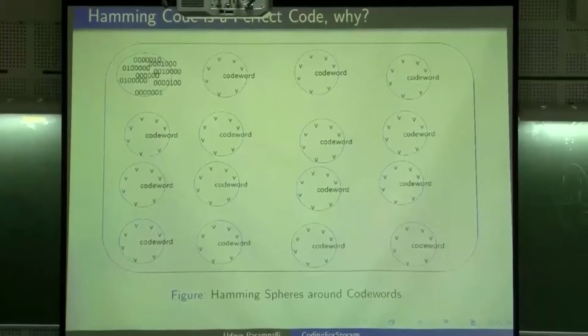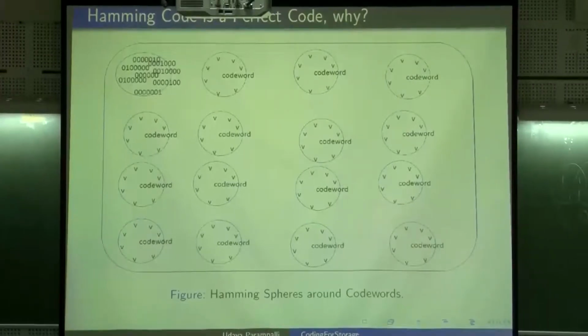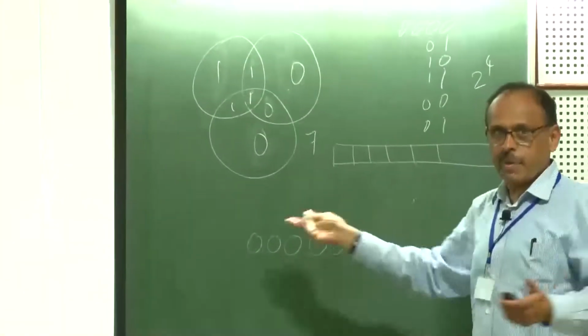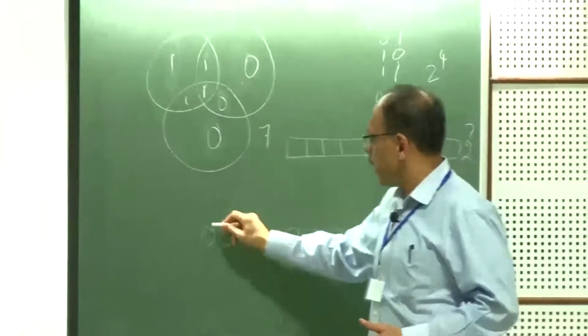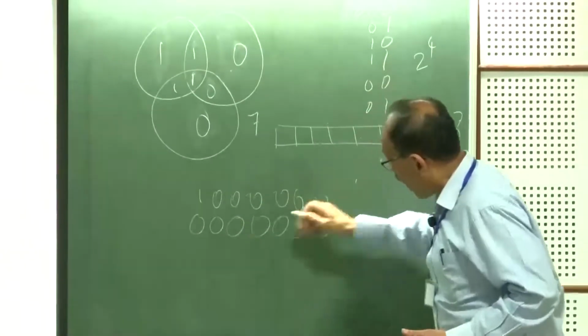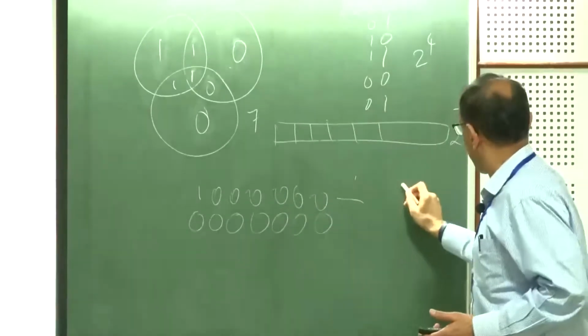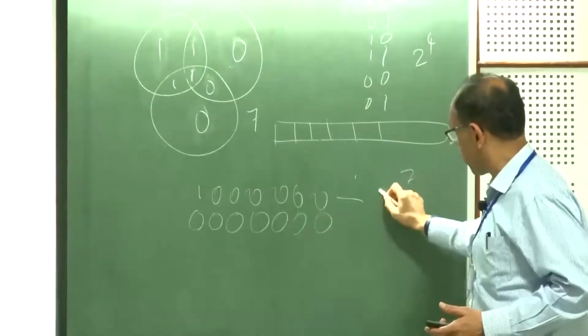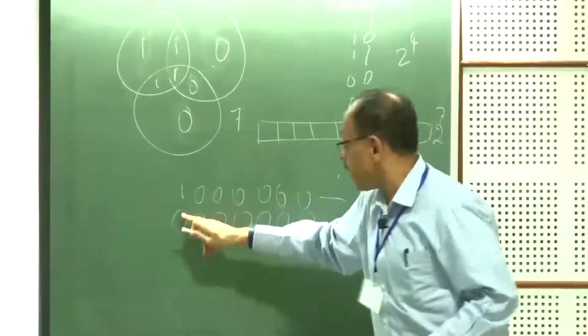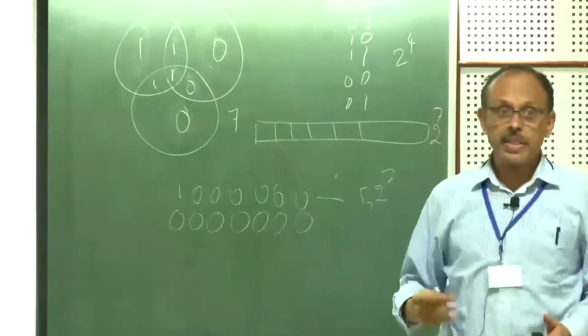Given a particular code word, it suffices to take the all-zero code word, where A, B, C, D are all zero. This is a valid element in F2 to the power of 7, because it's a 7-bit word, and there are words at distance 1 from it.